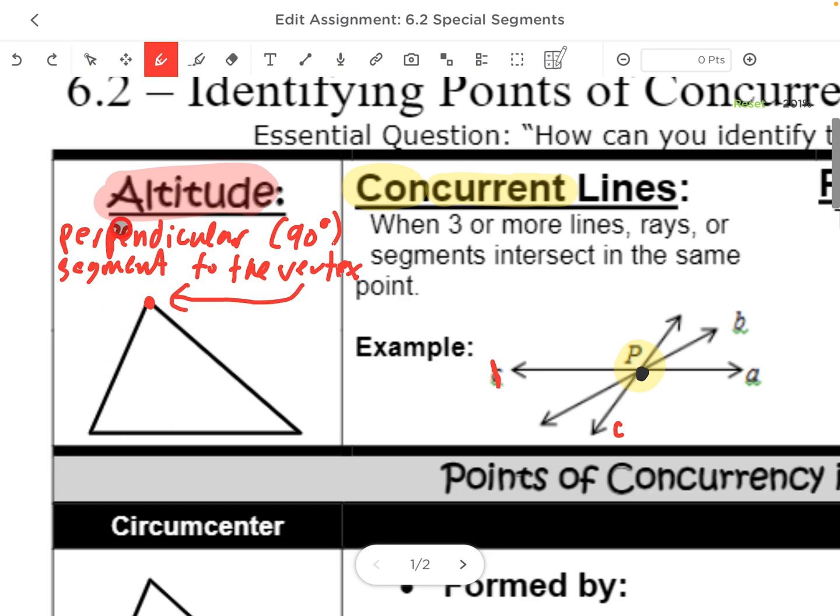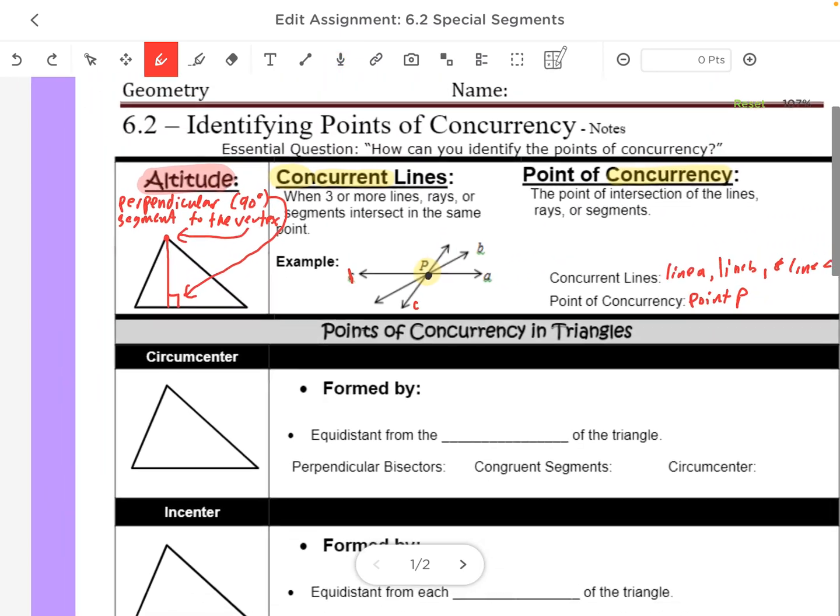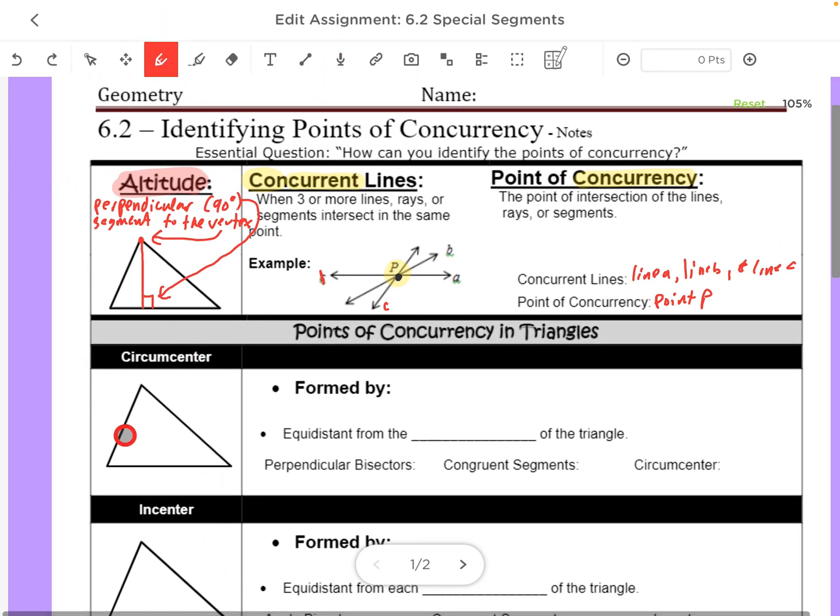Perpendicular means makes a 90-degree angle, so we're going to just bring it straight down because that's a 90-degree angle right there. That's what an altitude is. It's a perpendicular segment to the vertex. Straight up and down means perpendicular. This and this are perpendicular, and it goes to the vertex. It's called an altitude. That's the first type of line we didn't talk about last time that we're going to use for today.